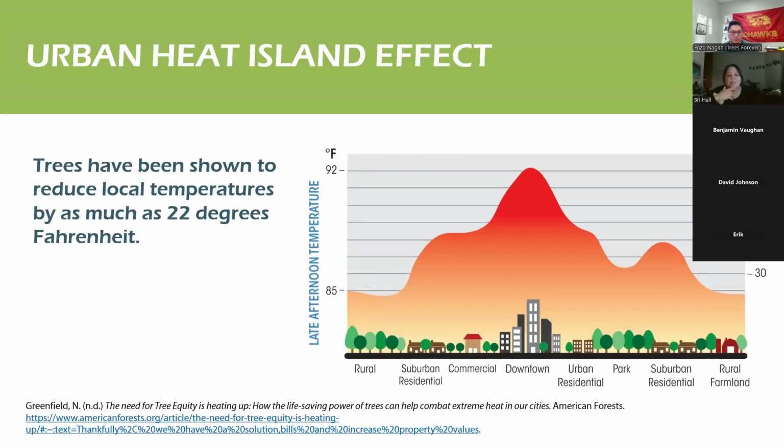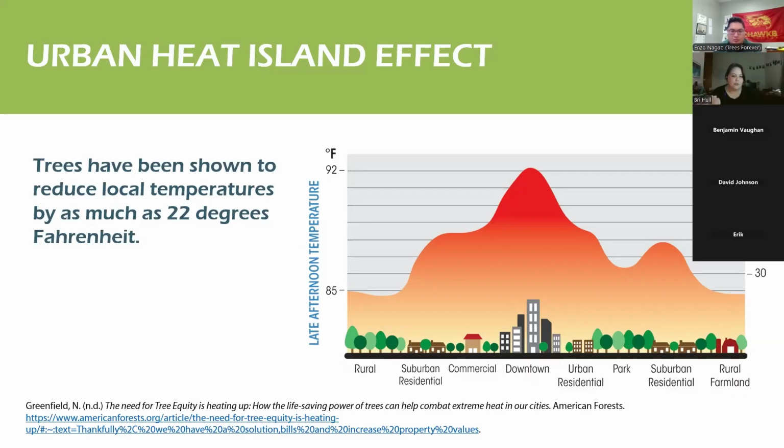It also reduces that urban heat island effect. They've been shown to reduce the local temperature by as much as 22 degrees Fahrenheit. One of my favorite activities to do with kiddos, especially, is to take those heat gun thermometers that we used to use for COVID to measure the temperature of the space, and take them out in the middle of summer, showing them how different the temperature is beneath a tree in the shade versus, say, on a blacktop or even in the grass.